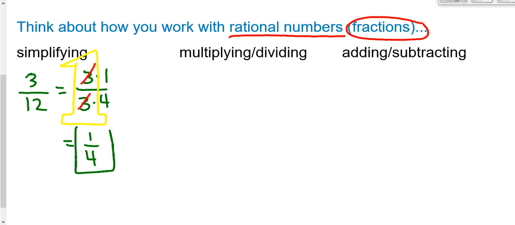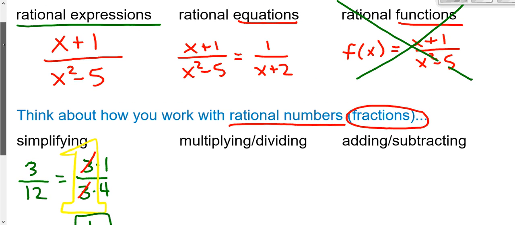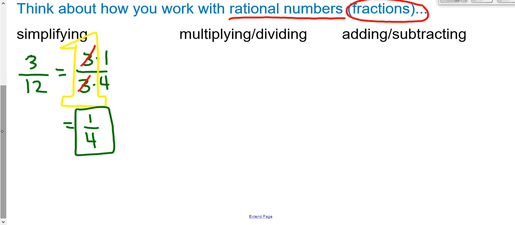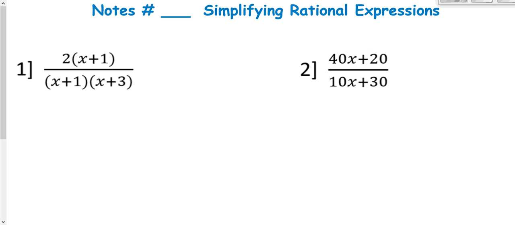So the key to simplifying rational expressions is going to be to factor and cancel, or factor and reduce. Multiplying and dividing we'll talk about more later, not this lesson, as well as adding and subtracting comes later in the month. So each time we learn a new skill with rational expressions, we should think about what we did with rational numbers, and that will help us.